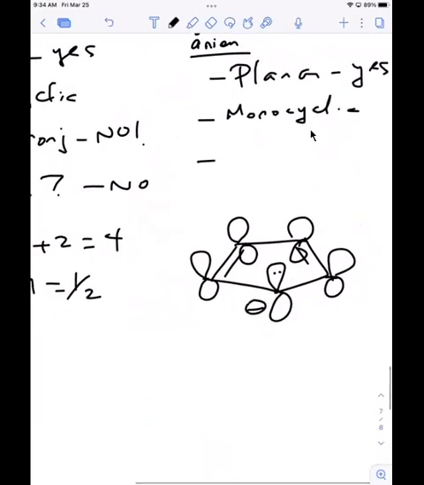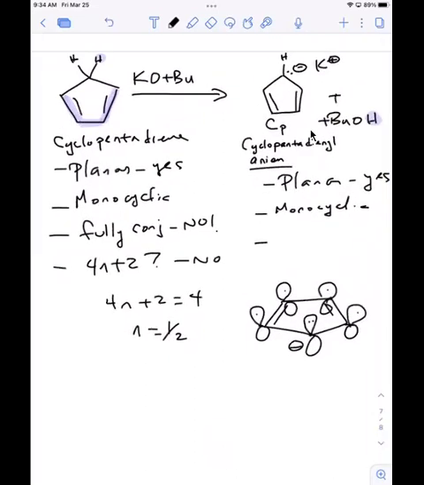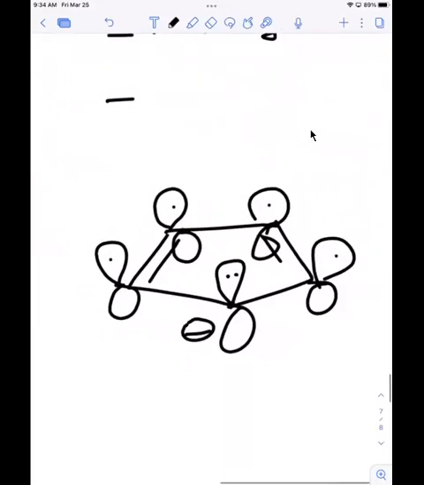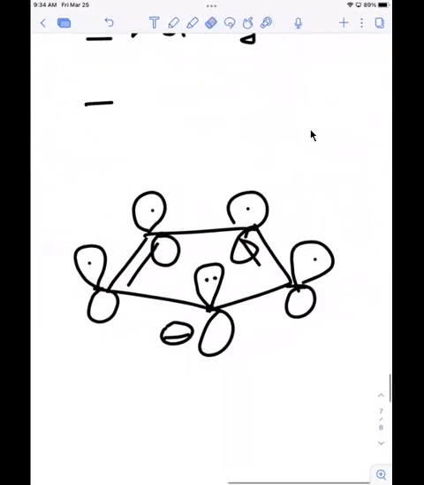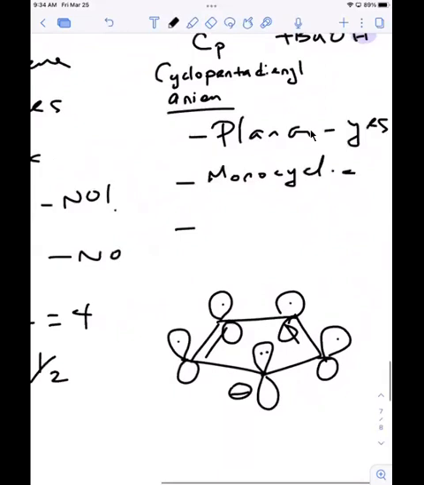It's still negative, but we can put it in a p orbital. And every one of these p orbitals has one electron in it. So now there is a p orbital on every one of those carbons. And that wasn't the case initially. So now it is fully conjugated.